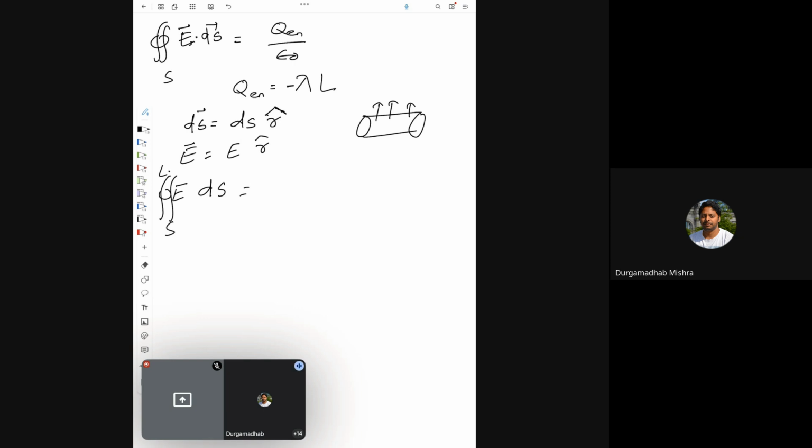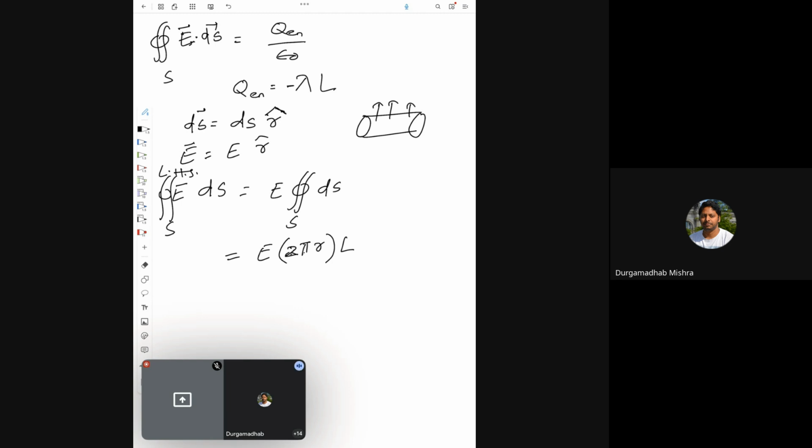So this is my left hand side. I can take the electric field out because it is constant, and the total area of the Gaussian surface is the area of my Gaussian cylinder, which is given by 2 pi r into L.